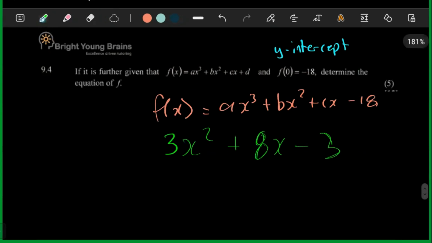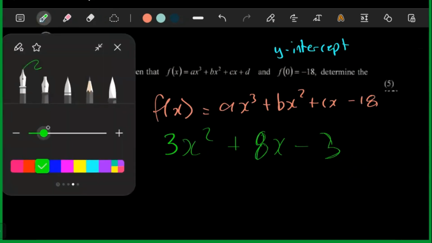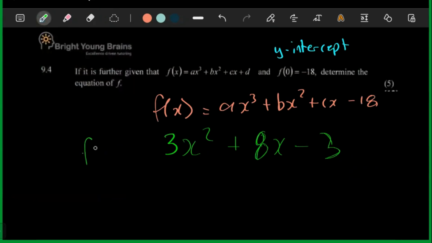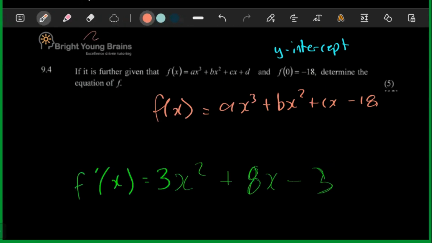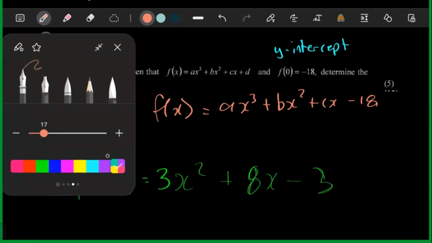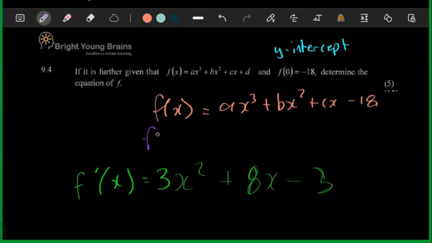So what we do know is this is our first derivative, right? So if you differentiate once, see what we have. But before we worry about that, we can just use the generic equation with the variables. If you differentiate this, you're going to have 3ax squared plus 2bx plus c.